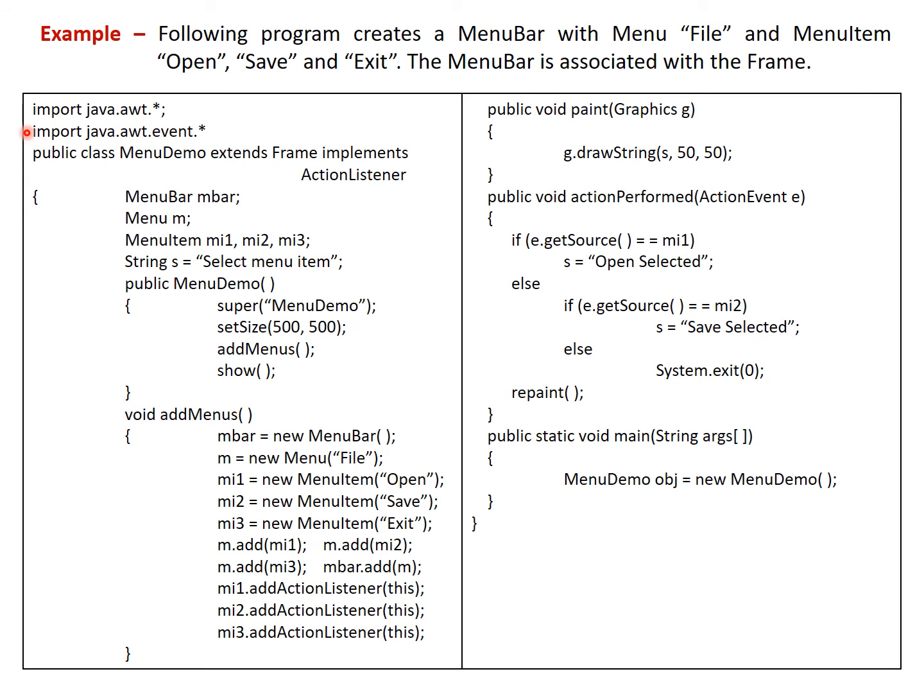After this, the class declaration statement: public class MenuDemo extends Frame implements ActionListener. Then we declare mbar variable of type MenuBar, m of type Menu and mi1, mi2 and mi3 of type MenuItem. After this, we initialize the string variable s to the string "select menu item".